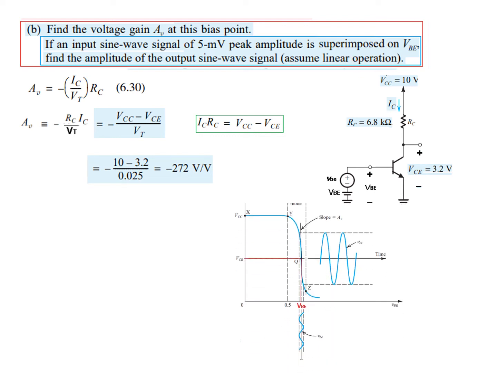And if you look here, this is 5 millivolt here, and we need to find the amplitude of this part. So the gain can also be written as Vout peak divided by Vin peak.